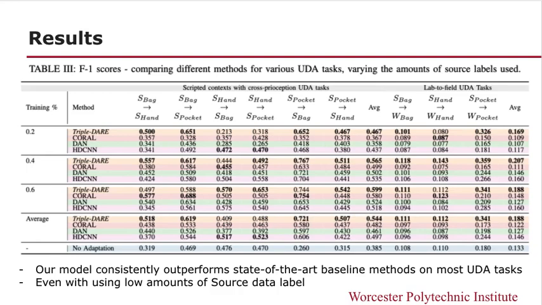And what we mean by UDA here is the unsupervised domain adaptation tasks. So each column here represents a different experiment. For example, we train on scripted data when the phone is in the bag, and then we test on scripted data where the phone was placed in hand.